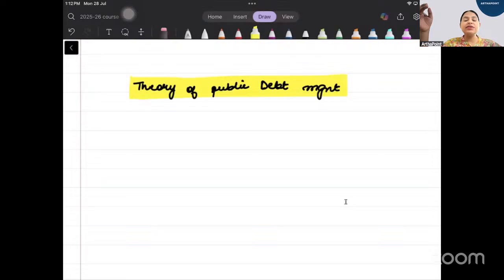We notice that the expenditure of the government is more than the revenue of the government. And that is where we understand that to meet this additional expenditure, the government usually takes debt, right? There is some obligation of the government.